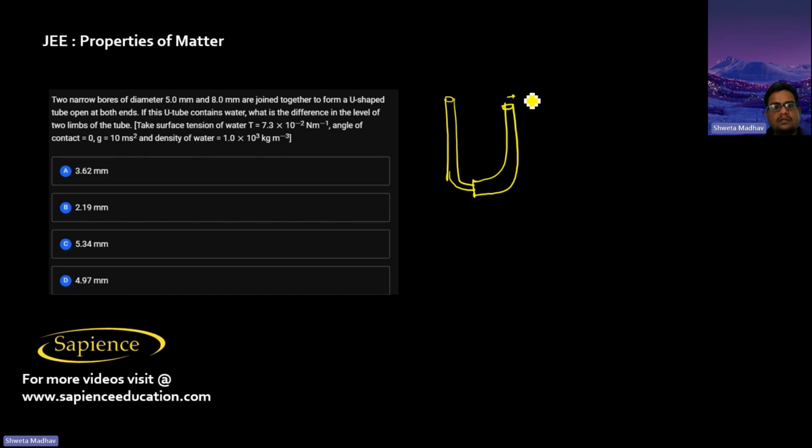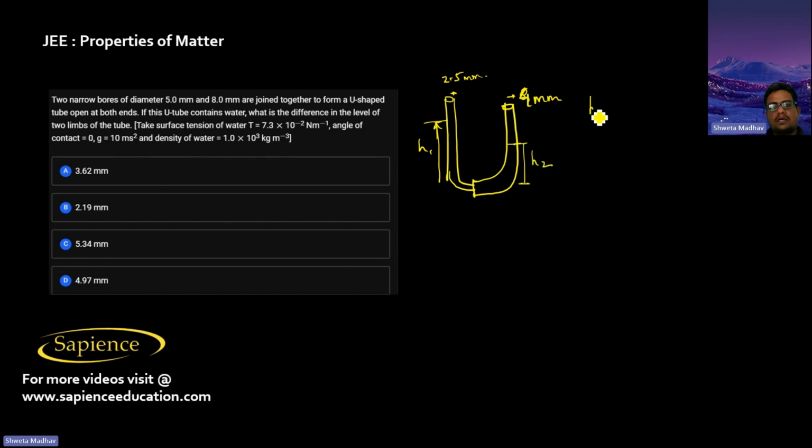Now its radius is 4 millimeter, and its radius is 2.5 millimeter. Here the height h1, and here the height will be h2. So now if the radius is more, then the height gained will be lesser.